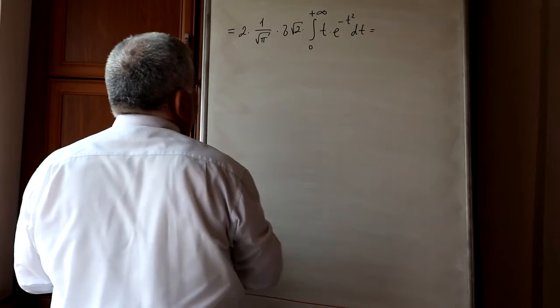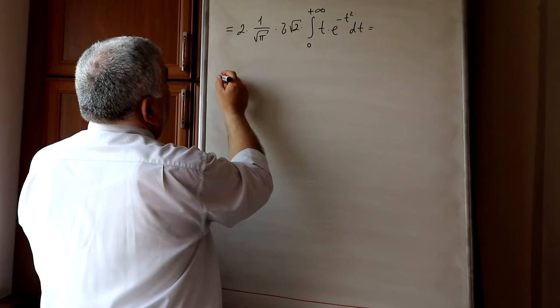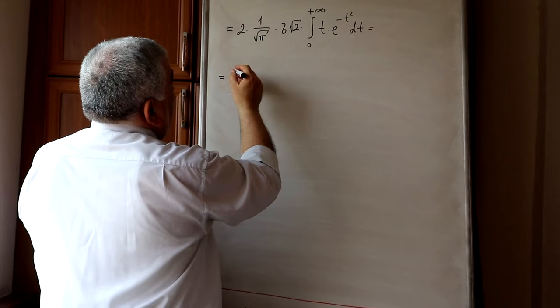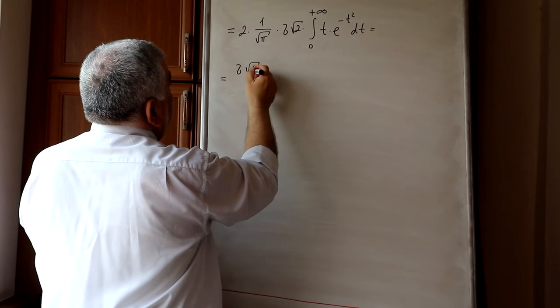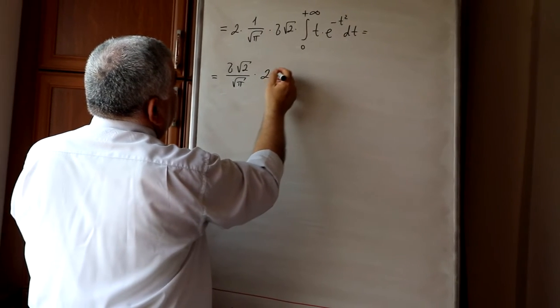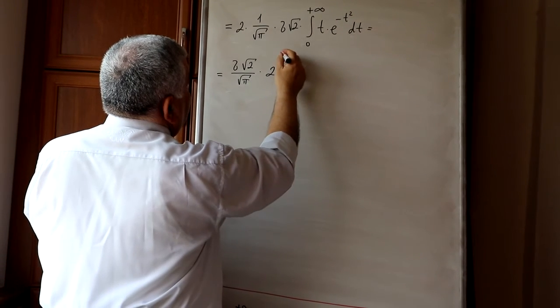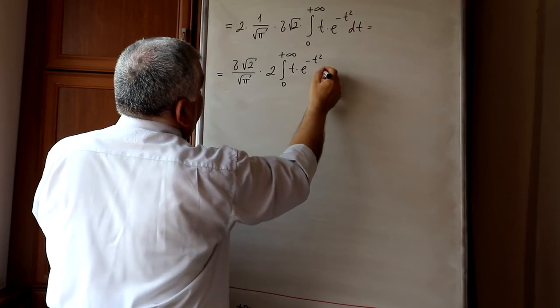Then continue. Then we will have sigma square root of 2 over square root of pi twice integral from 0 to plus infinity of t e to minus t squared dt.